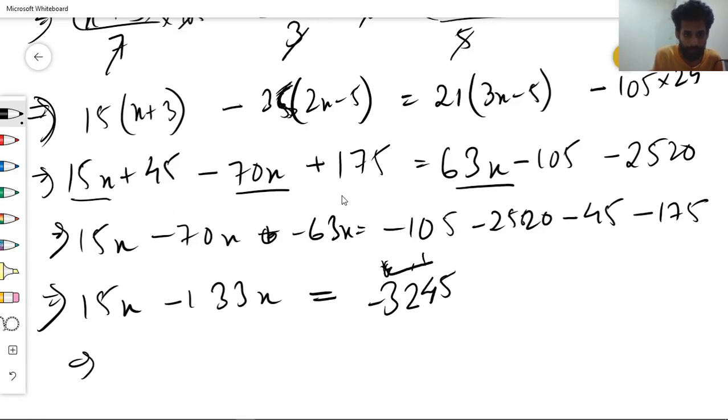After that, when we subtract it, it will be minus 8, minus 8, then this will be 211x is equal to minus 3245.